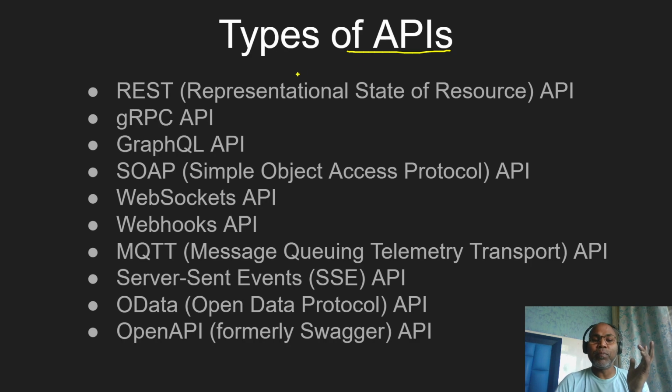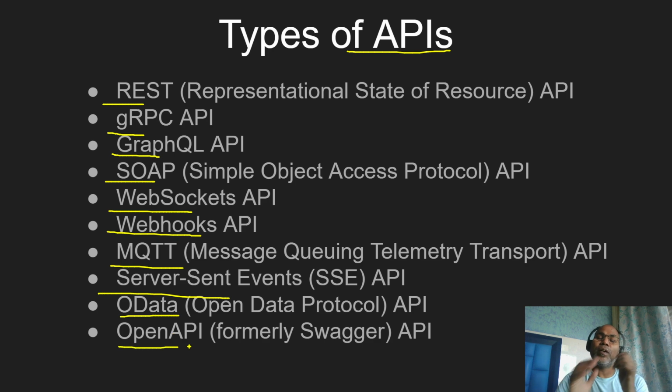Like you can develop REST API, gRPC API, GraphQL API, SOAP API, WebSocket API, Webhook API, MQTT API, Server-Sent Events API, OData API, OpenAPI. Even this list goes on and on. I have just summarized a little bit.